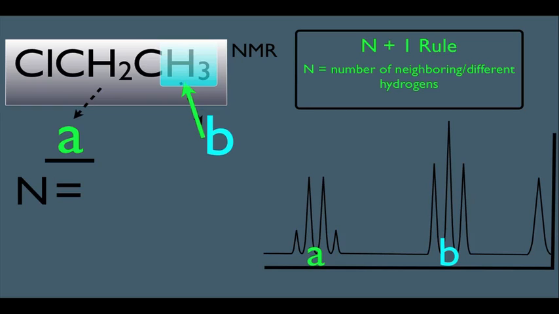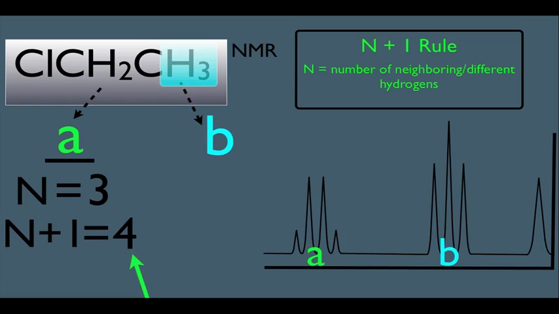In other words, simply they live next door to him. So it's the B hydrogens that are A's neighbors, and there are a total of 3 B hydrogens. So the number of neighboring or different hydrogens for A is 3. So if that's his N value, plugging into the simple N+1 formula, 3 plus 1 equals 4.